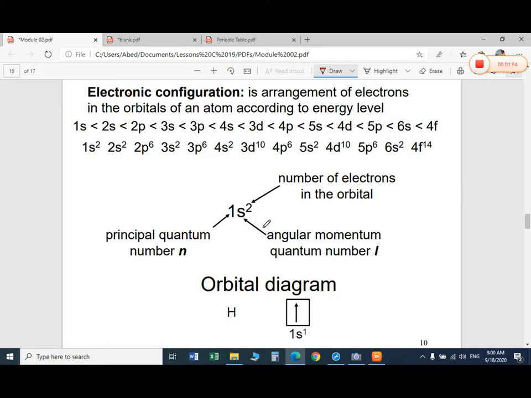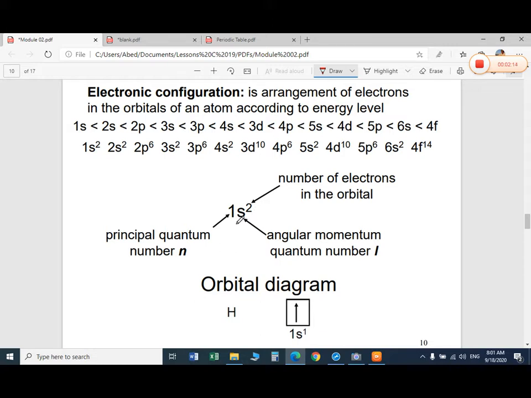And on the right side, in the superscript, there are numbers like 2, 6, 10, and 14. These are the number of electrons, and this will change according to the atom we choose, like lithium, magnesium, beryllium. So this will change according to the number of electrons.